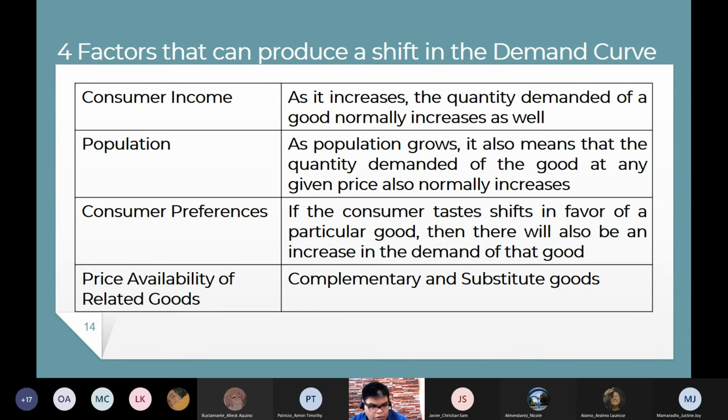Yung substitute goods naman, let's say, usually ang palaman nyo sa tinapay ay butter. Anchor butter. Hindi na ako magme-mention ng brand. Butter.